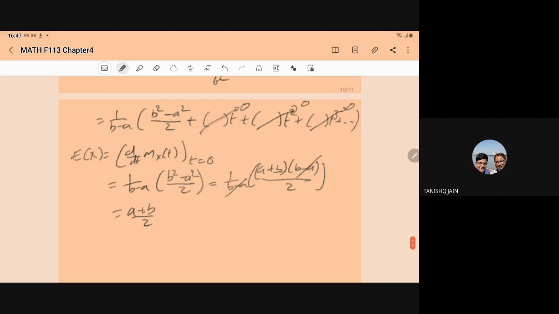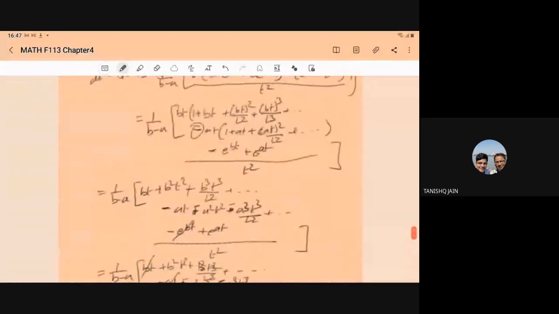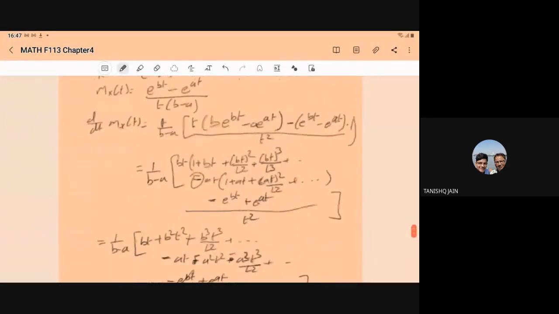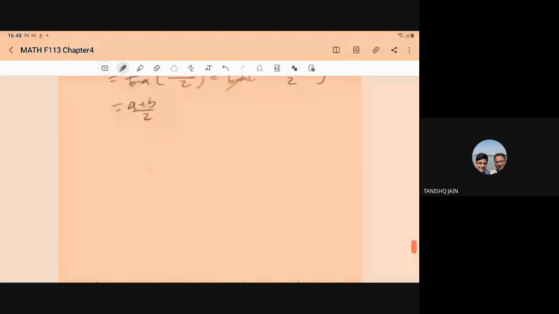Now similarly, from the d by dt of mxt, we can compute the value of d2 upon dt2 also. So here we compute d2 upon dt2 of mxt, right?